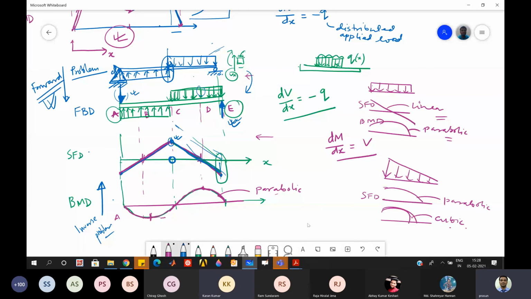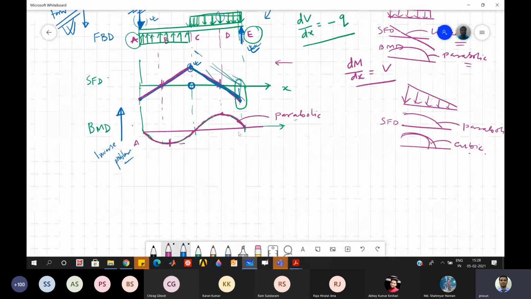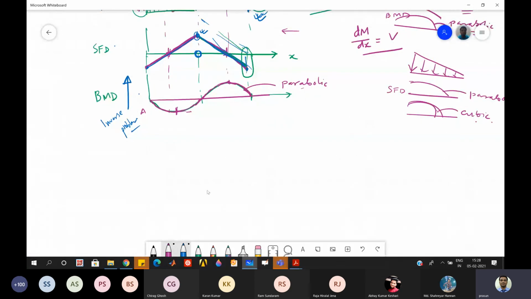Okay, you are telling something of this sort, right? Let me see that. So you are telling your SFD is something like this, huh? Yes, sir. Is this feasible? If we can get into this situation.